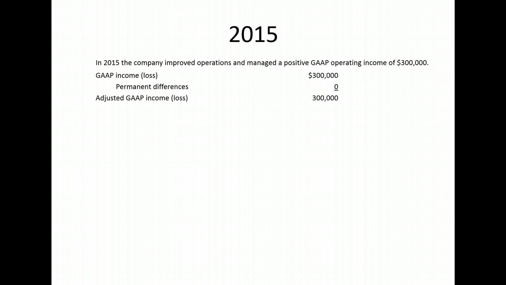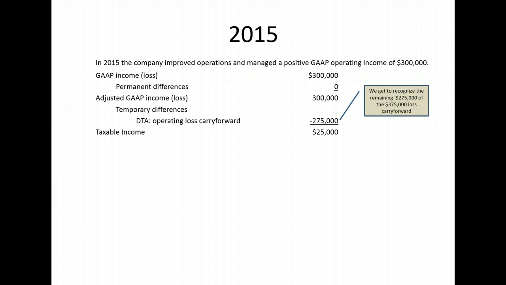We created it in 2013 at $375,000. We used up $100,000 of that in 2014. That means that we have a remaining $275,000. So now we'll subtract that from our GAAP income to arrive at taxable income of $25,000. That will use up the remaining portion of our operating loss carry forward.